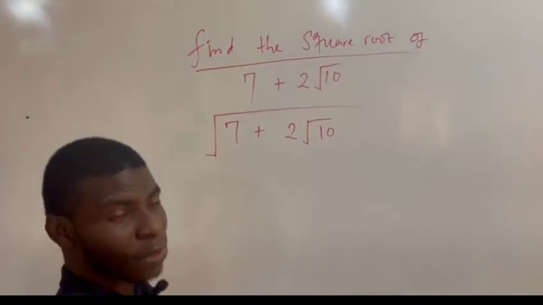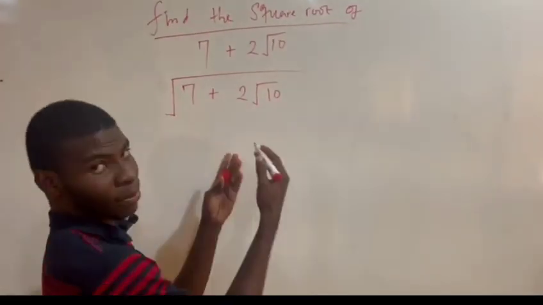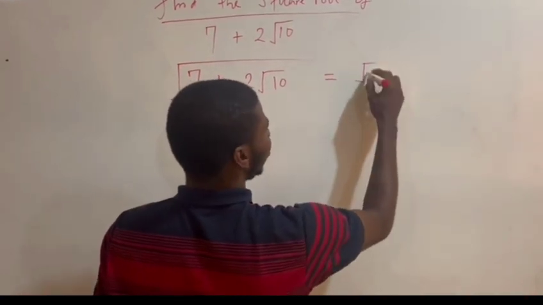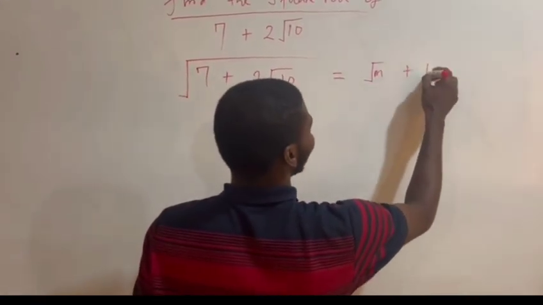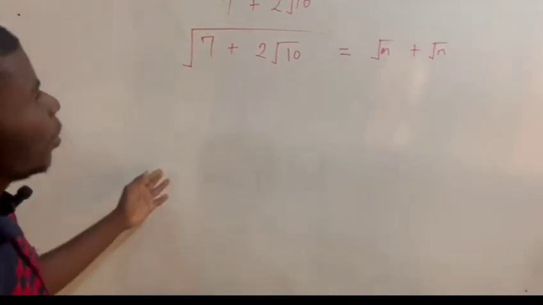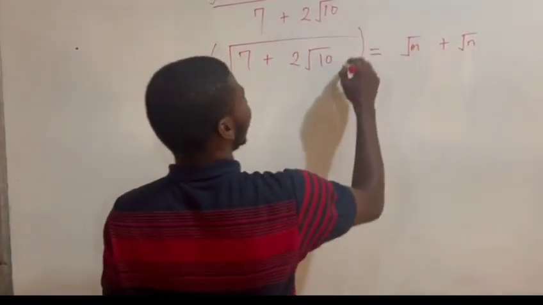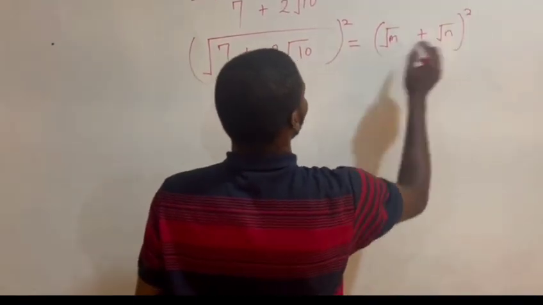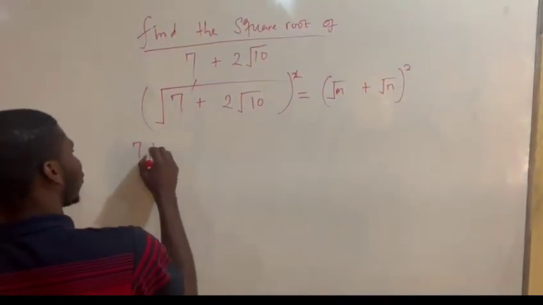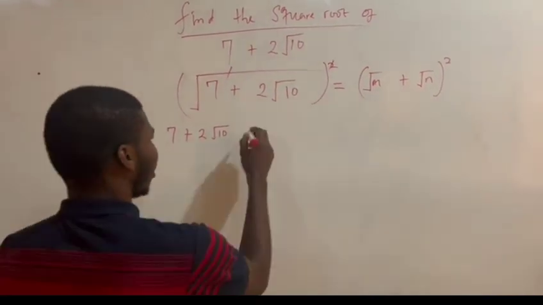The first thing we need to do is assume that the solution to this expression is equal to some sort of square root, which we don't know, maybe square root of m plus square root of n. So the next thing we want to do is take the square of both sides. The square cancels out the square root, and you are left with 7 plus 2 root 10 on the left hand side.